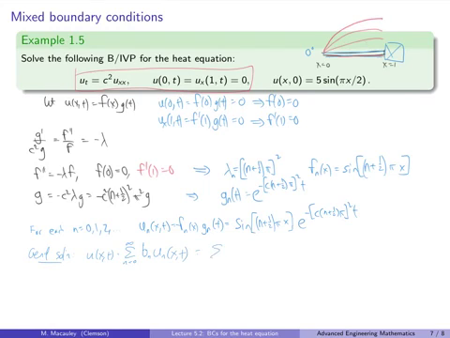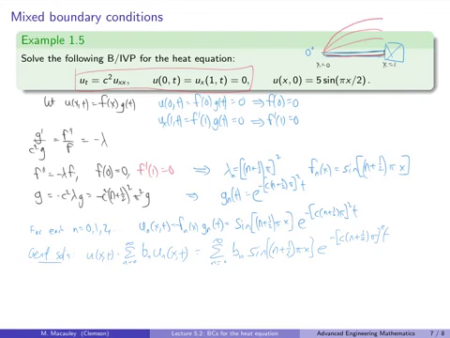So that's the infinite sum of n equals 0 to infinity of b_n sine of (n plus 1/2) pi x times e to the minus c (n plus 1/2) pi quantity squared t.